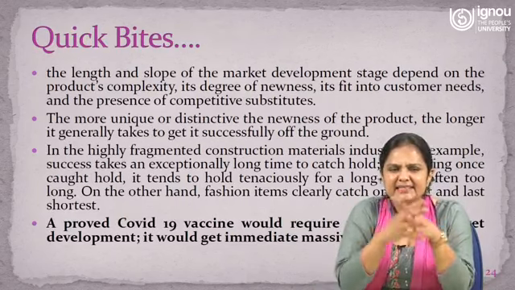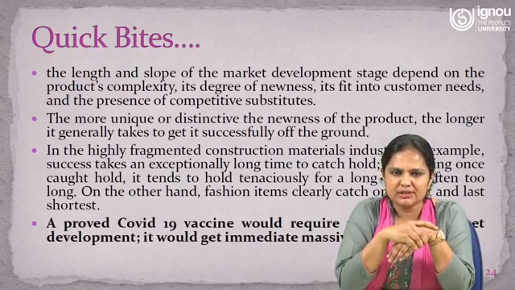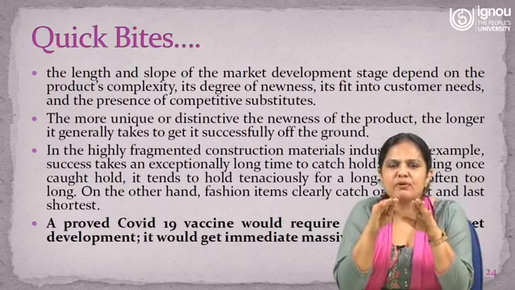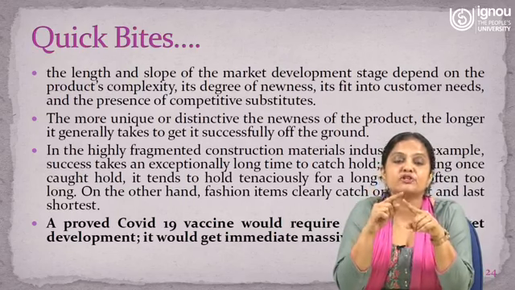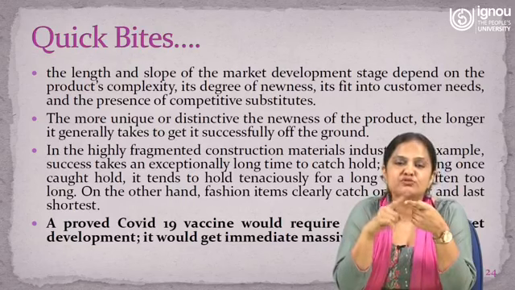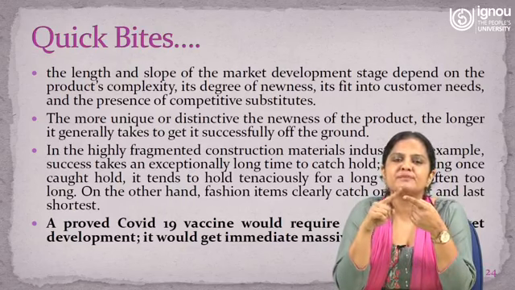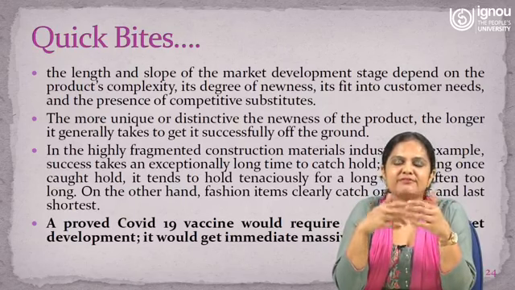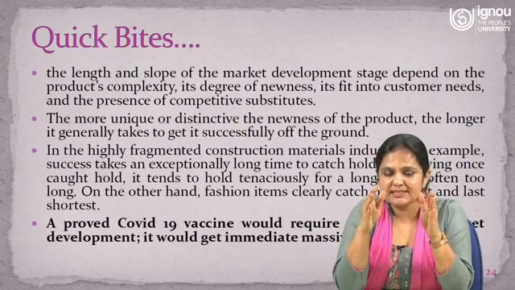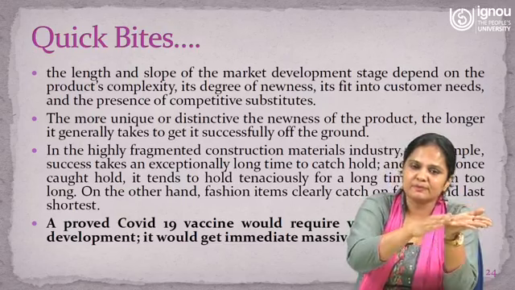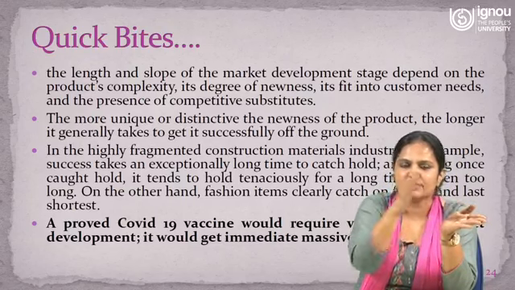A quick bite I would like to give you is that the length and slope of the market development stage depend on the product's complexity, its degree of newness, its fit with customer needs and the presence of competitive substitutes. And the most important thing, as I said, is that the length of the stage varies from product to product.